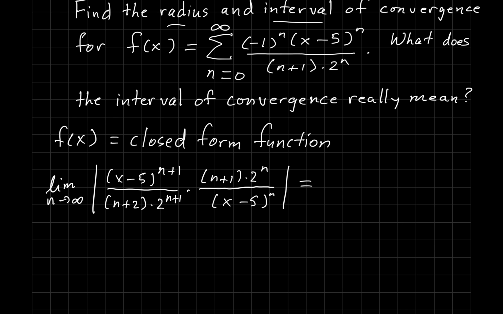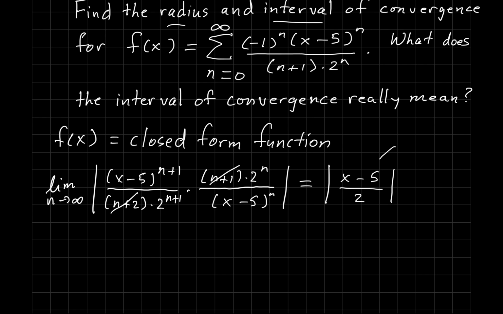And we will simplify it. I already know that there will be no n's left over, so I don't need to write the limit anymore. The (n plus 1) over (n plus 2) goes to 1. The x minus 5 terms go to x minus 5 on top, and then we have just a 2 on the bottom.